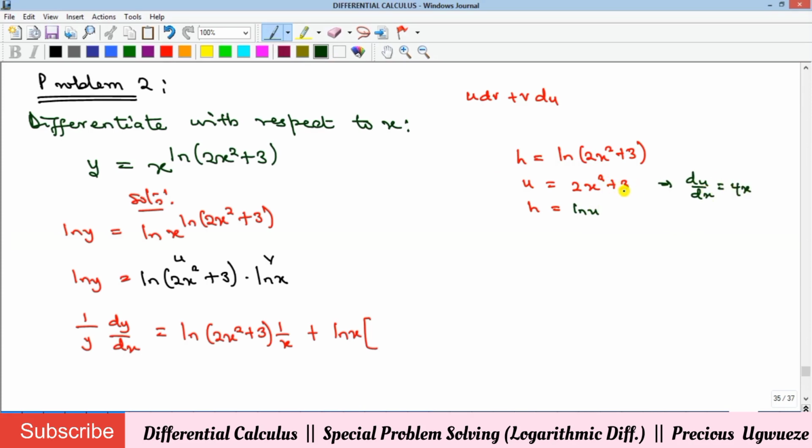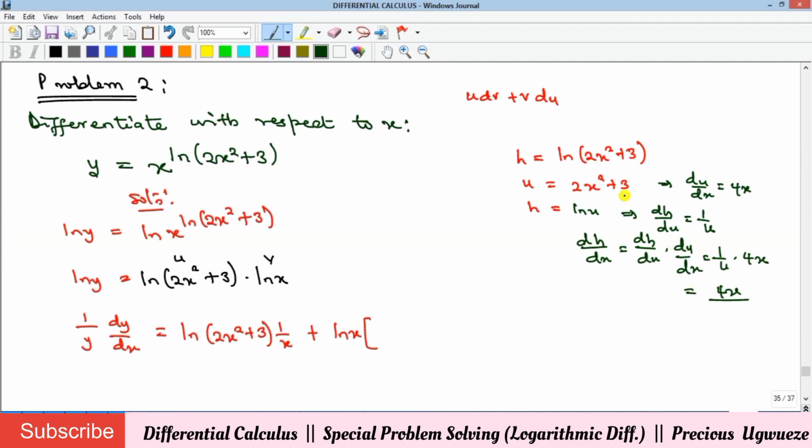The 3 here will turn to 0, and if you differentiate h now with respect to u, you are going to get 1 over u. So that means the derivative of h with respect to x, which is equal to dh du times du dx, is going to be equal to 1 all over u multiplied by 4x, and that's going to give us 4x all over u.